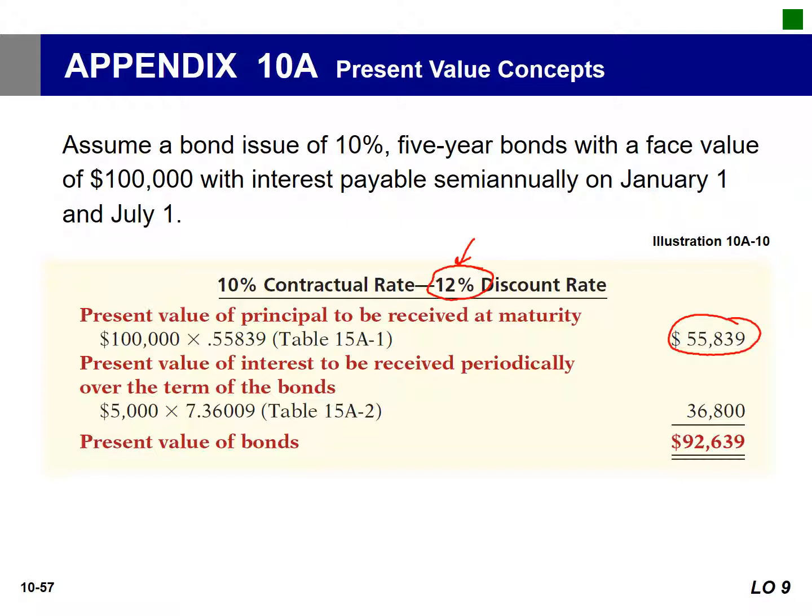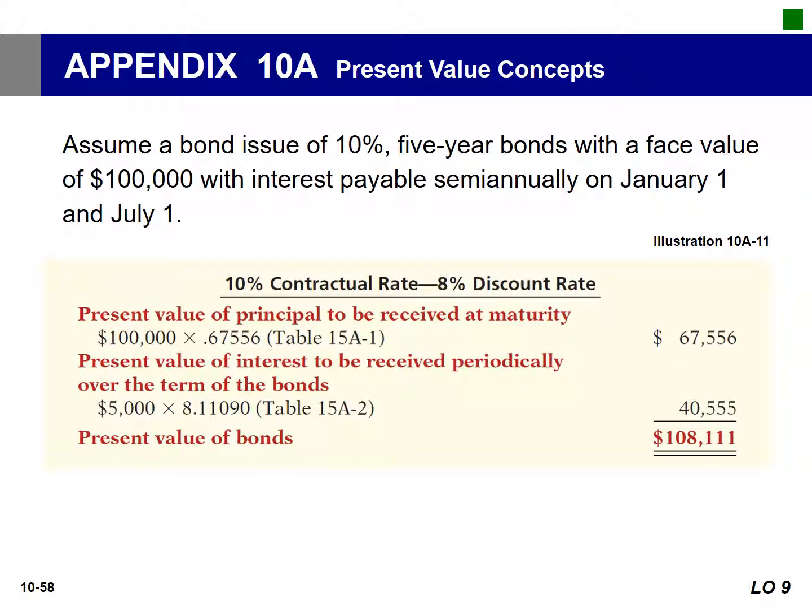We calculate the present value of an annuity of 1. Again, we're using the same 12%, and the present value of those interest payments is $36,800, giving us the present value of our bonds at issuance of $92,639. The difference between the $100,000 face amount and this $92,639 is the amount of the discount when we issue the bonds. That's how that discount was calculated.